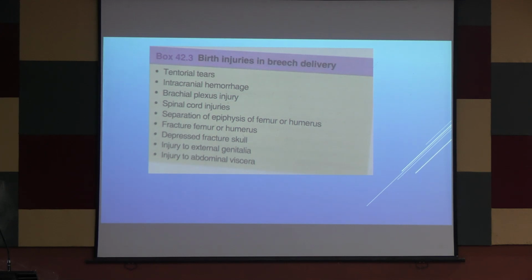For that, there may be tentorial tears in the brain. Intracranial hemorrhage may occur during delivery. If we pull too much, there may be injury to the brachial plexus. So Erb's palsy and Klumpke's palsy may occur during delivery.